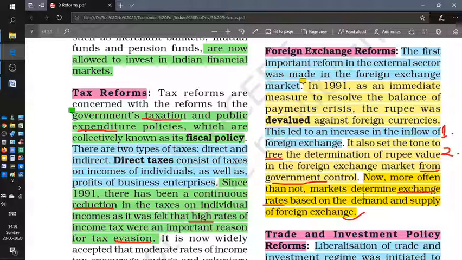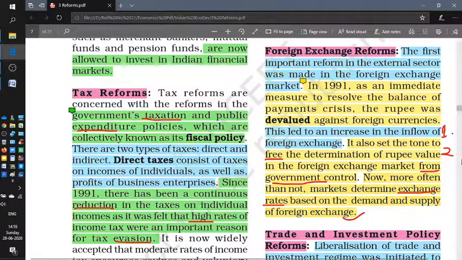It's to bring about a flexible kind of foreign exchange system, to strengthen our foreign exchange earnings. So that's the reform we did in foreign trade, the external sector: devaluation of currency, and market-determined rates of foreign exchange, not anymore by the government.